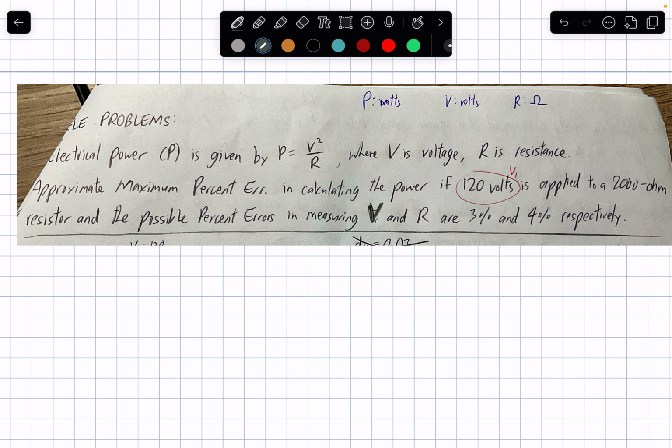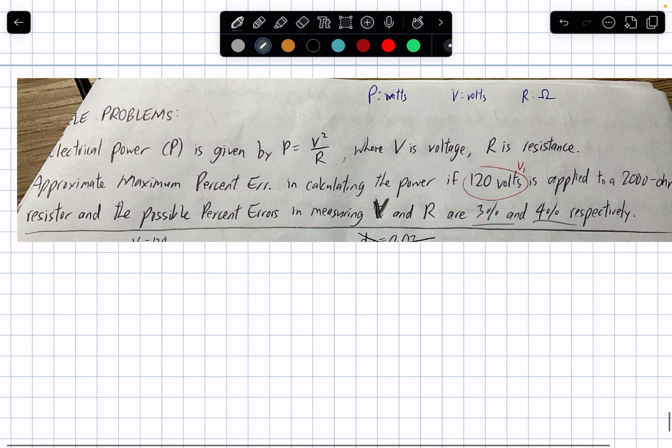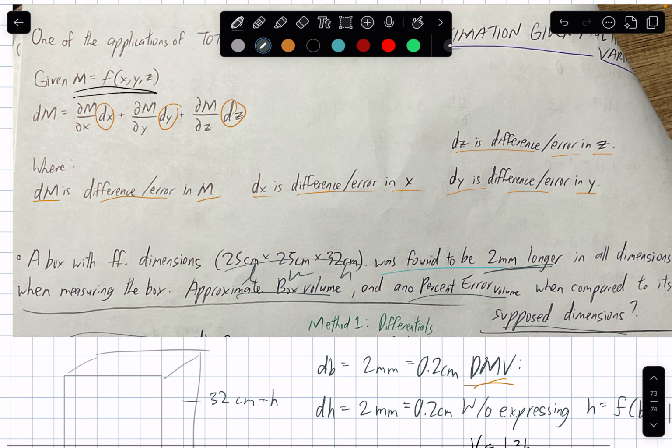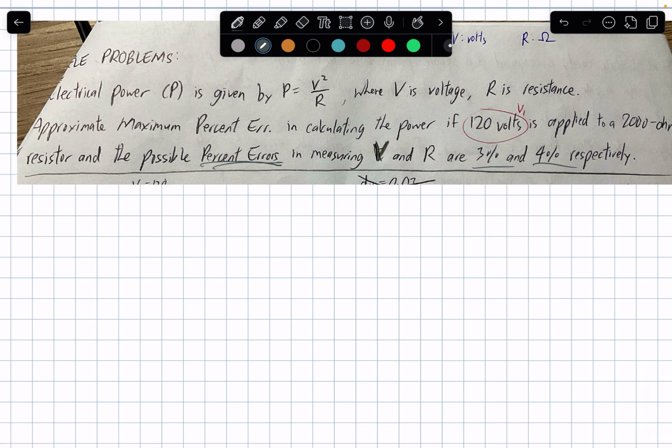So let's start first with what we are provided. Just to clarify what these values correspond to, they are not the same as the error values earlier, the dH and dB. In this context, they are percent errors. Okay, so let's write them down. Percent error for the voltage is 3%. The percent error for the resistance is 4%.